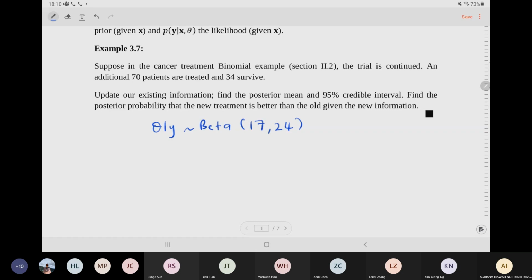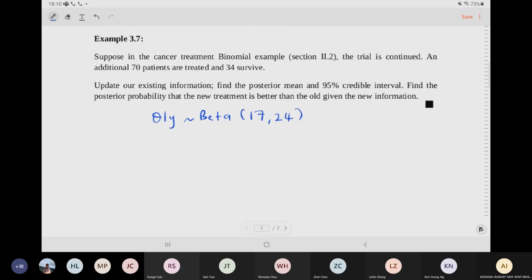So now we have new data coming in. If we look at the posterior, I think theta was 17, 16, and 23.